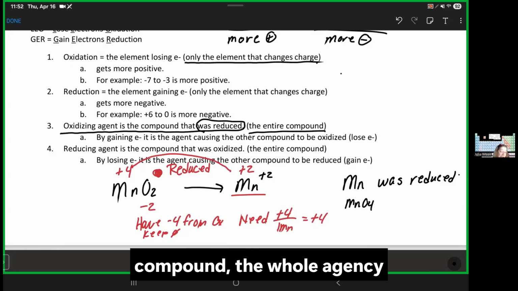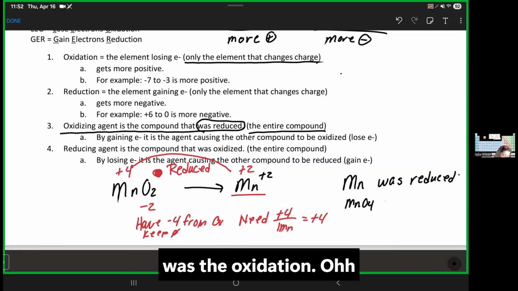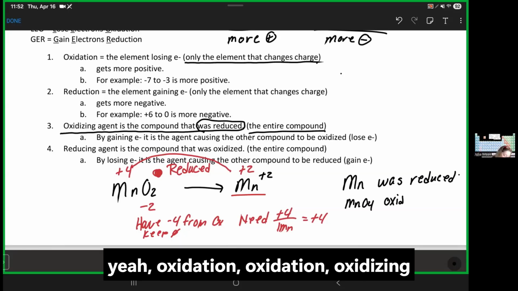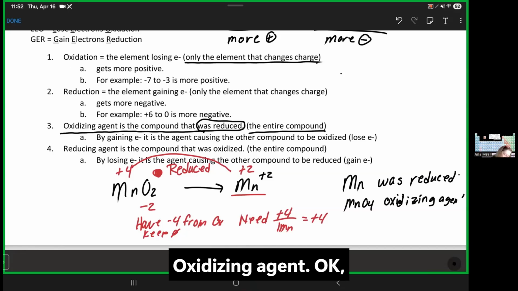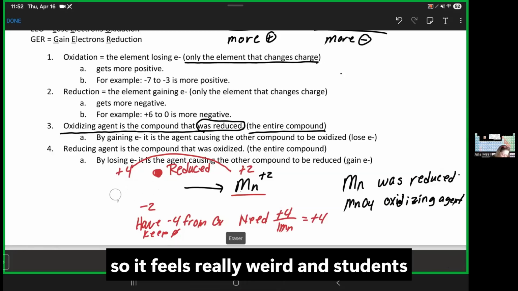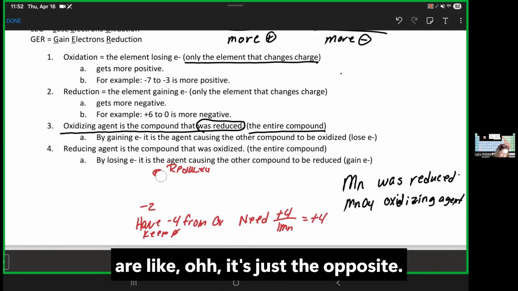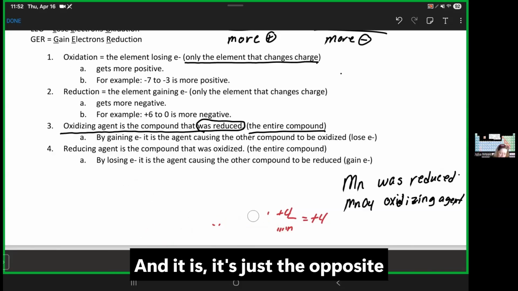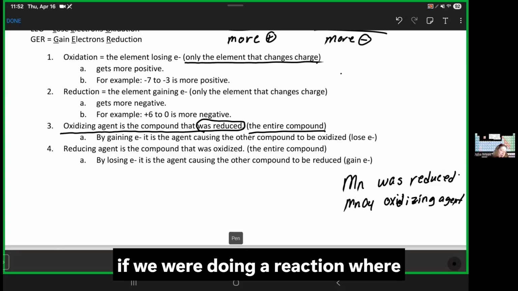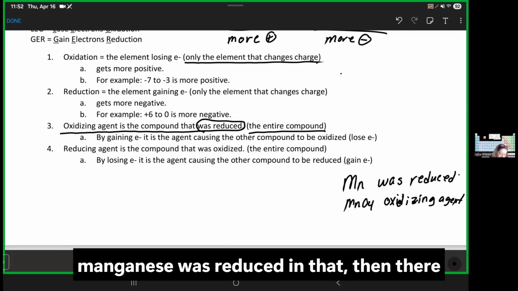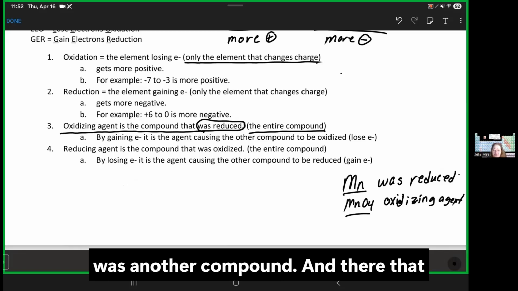MnO2, the entire compound, the whole agent, was the oxidizing agent. Sorry, I got lost in my words there. It feels really weird, and students are like, oh, it's just the opposite. And it is. It's just the opposite of what happened to it. But if we were doing a reaction where it always happens together, if manganese was reduced in that, then there was another compound in there that got oxidized.